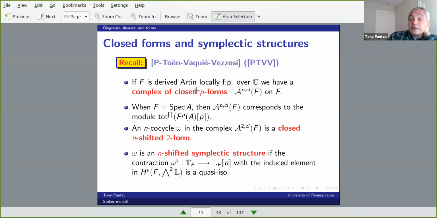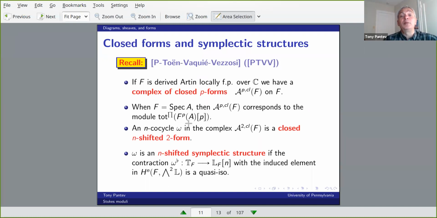So if you have a derived Artin stack, which is nice, smooth, so that means locally finite presentation over a base field, then you can define a complex of closed forms of that stack. And being closed in this case is extra structure because of the internal differential in the cotangent complex. So being closed is a co-cycle condition in the double complex for that internal differential. So if the stack corresponds to a commutative DG algebra A, then this complex of closed p-forms is just modeled on the stupid truncation of the de Rham complex.